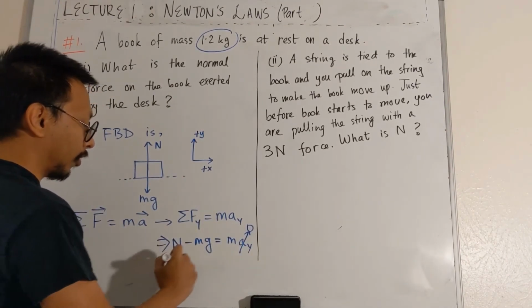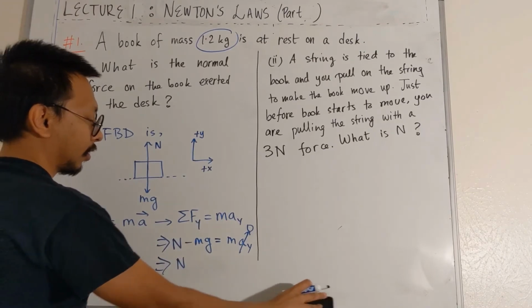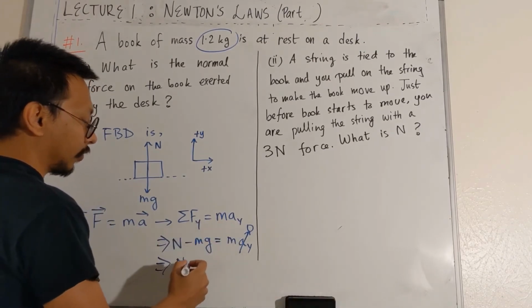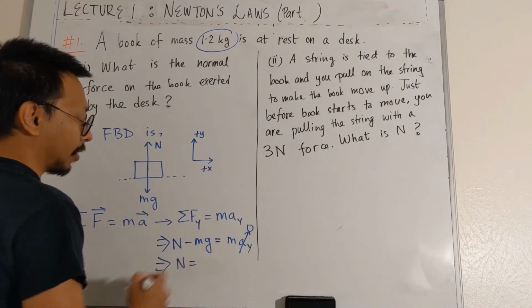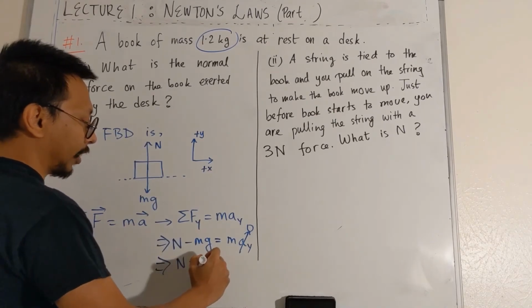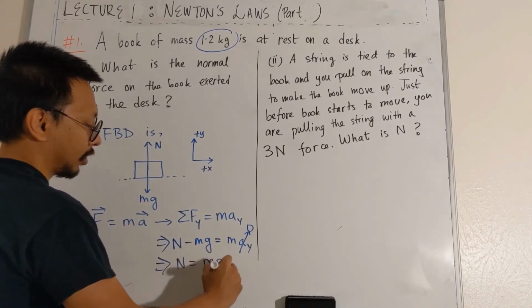So to solve for N, we have to add m times g to both sides of the equation. So here m times g cancels out. Here we have 0 plus mg.